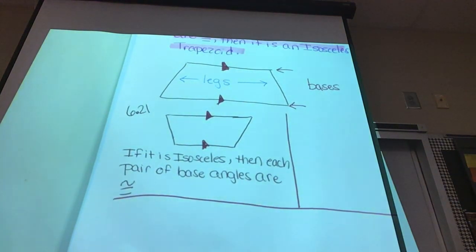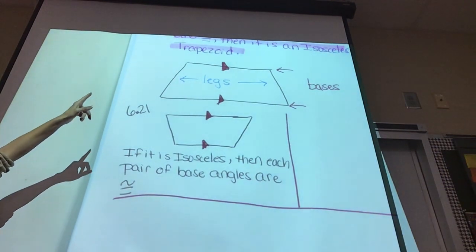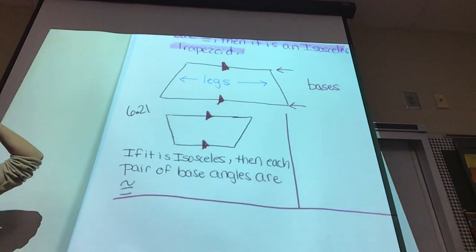And of course, we already know that if it's isosceles, what do we know about the legs? What did I tell you about the legs? In the isosceles, the legs are congruent.